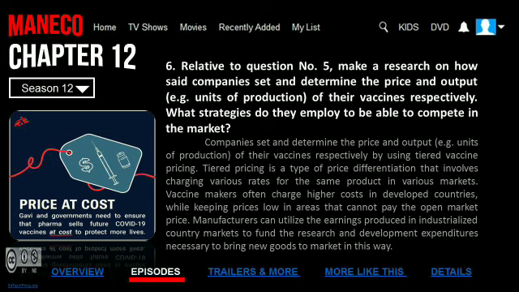rates for the same product in various markets. So, vaccine makers often charge higher costs in developed countries, while keeping prices low in the areas that cannot pay the open market price. So the manufacturers can utilize the earnings produced in the industrialized country markets to fund the research and development expenditures necessary to bring new goods to the market in this way.